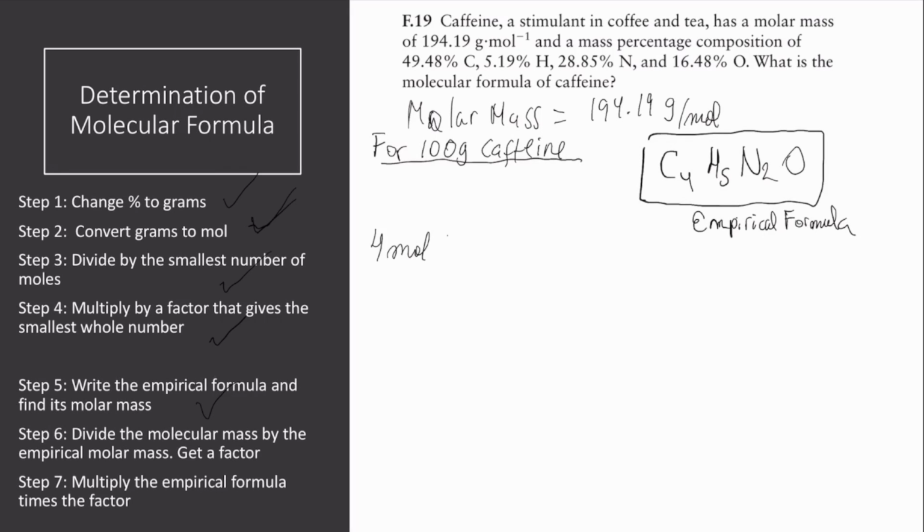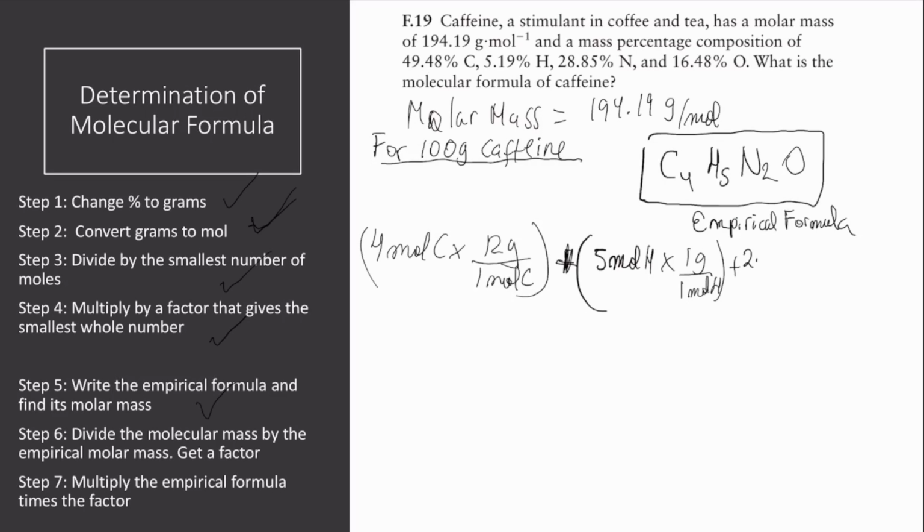For 4 moles of carbon, we multiply by its atomic mass, which is 12 grams of carbon for every 1 mole of carbon. Then we add 5 moles of hydrogen, multiplied by its molar mass, which is approximately 1 gram for every 1 mole of hydrogen.